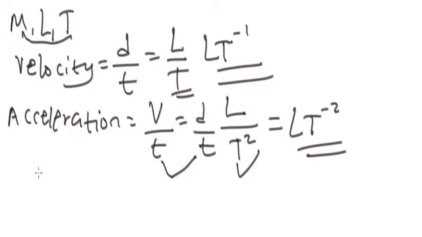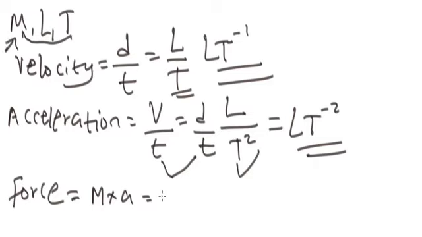What if we are asked to find the dimension of force? What would it be? Force is calculated using mass times acceleration. Since mass relates to the fundamental quantity mass, it will remain the same. So we have mass times acceleration. The dimension of acceleration here is length per time square.